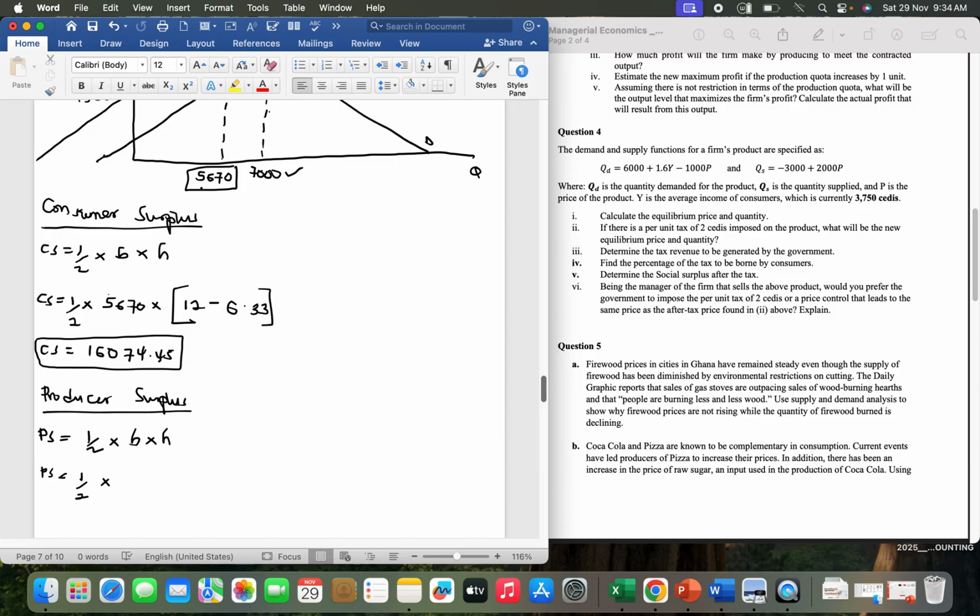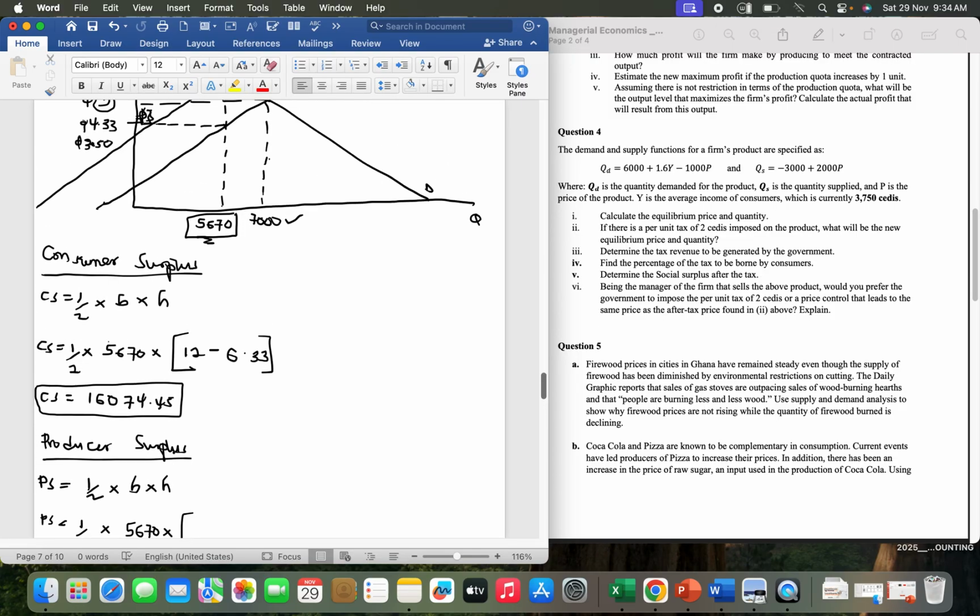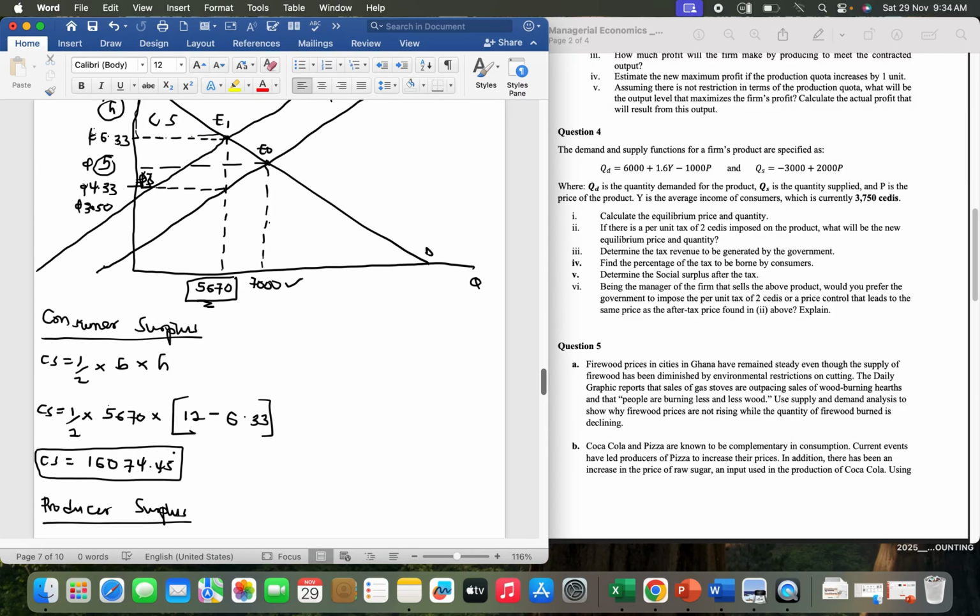Remember it's after tax, so this will be our base throughout. 5670 times the height. So we have 6.33 here. The actual thing, this one, 6.33.